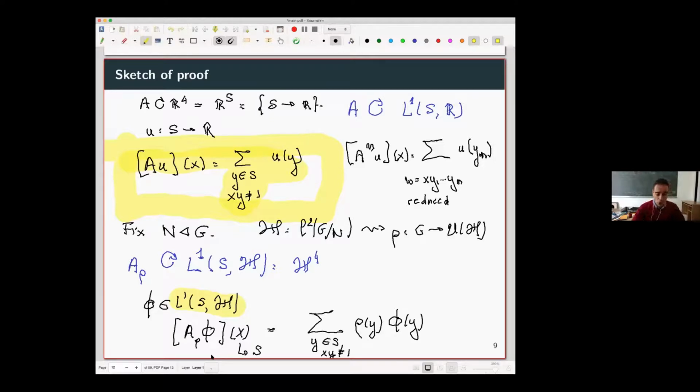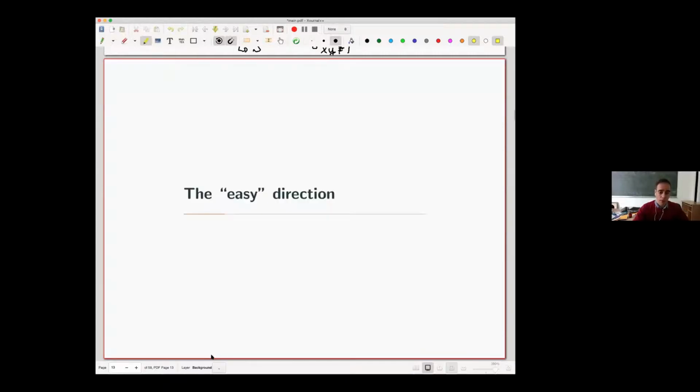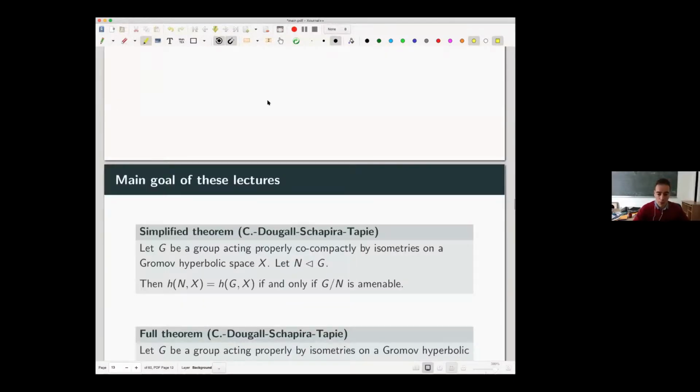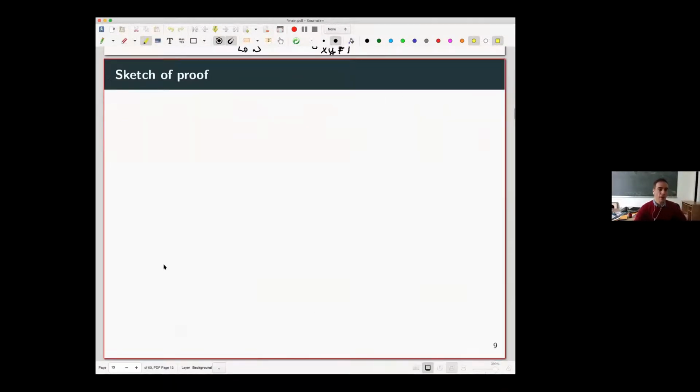More generally, you can compute the nth power of this new operator. So you get the same kind of formula.